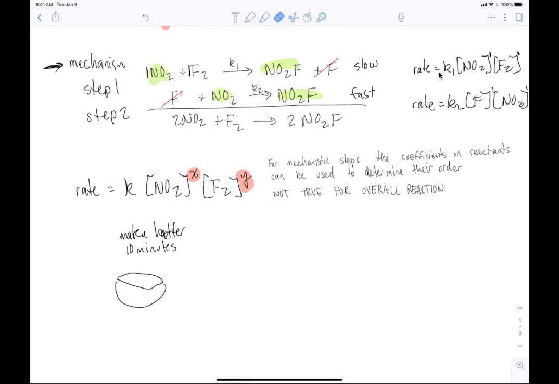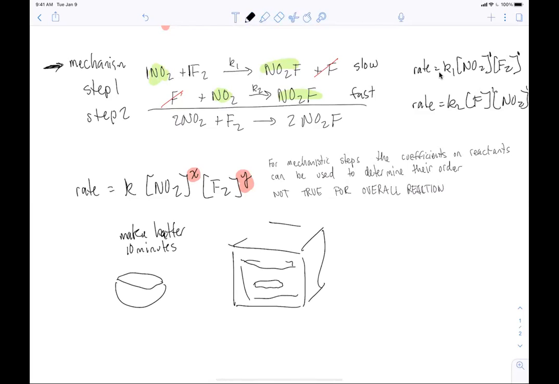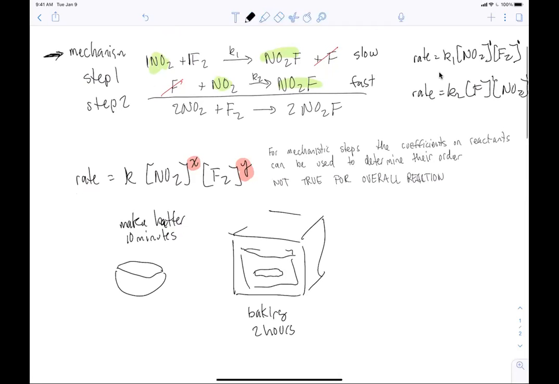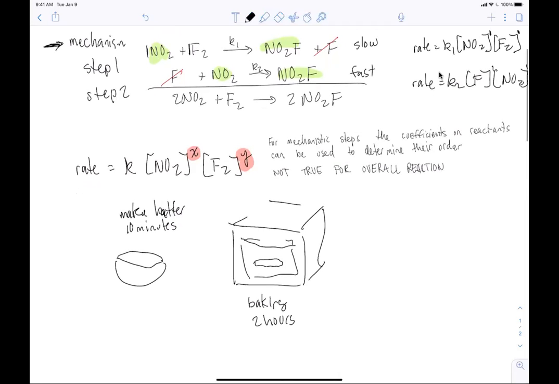And then I bake that cake. So now I've got it in my oven, oven looks something like that, right? I've got my cake in there, in its cake pan or whatever. But baking it takes 2 hours. And then, whatever, icing the cake. So now I've got my cake and I ice it.